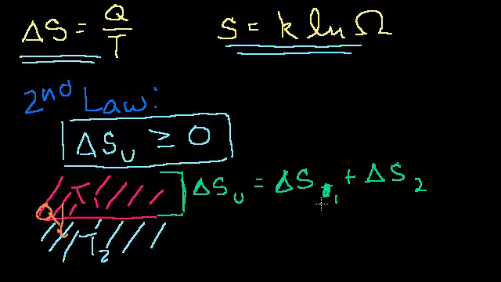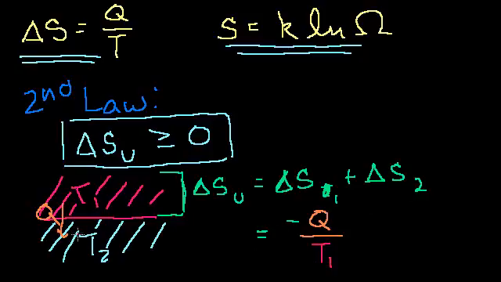So what's the change in entropy for system 1? It loses Q at a high temperature. So this equals minus the heat given up, Q, over some hot temperature T1.